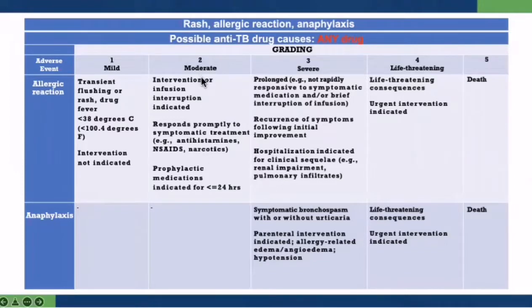For moderate to severe allergic reaction, you may stop all anti-TB drugs pending resolution of the reaction and provide ancillary meds. Hospitalization for severe reaction is also indicated. Now, in case of anaphylaxis, manage the patient with standard emergency protocols.